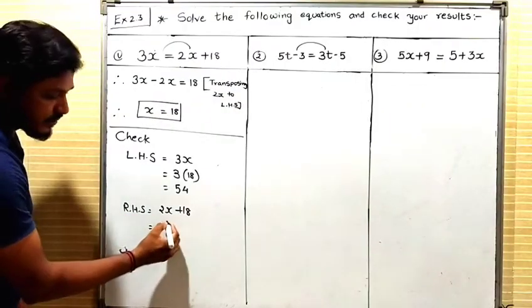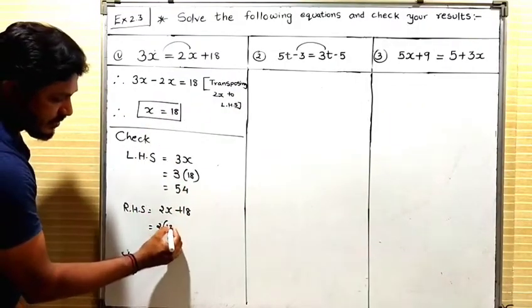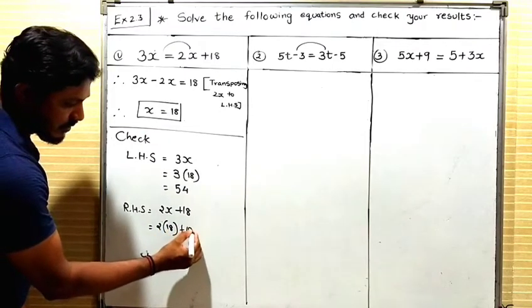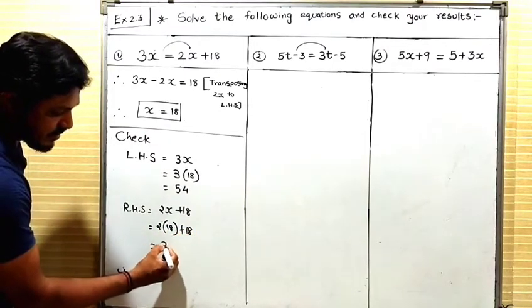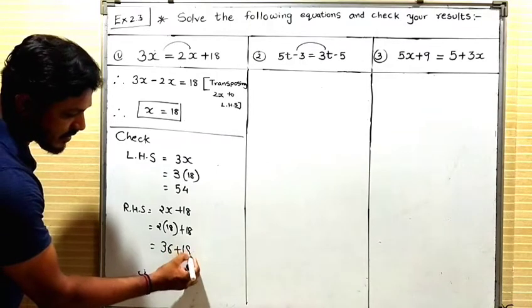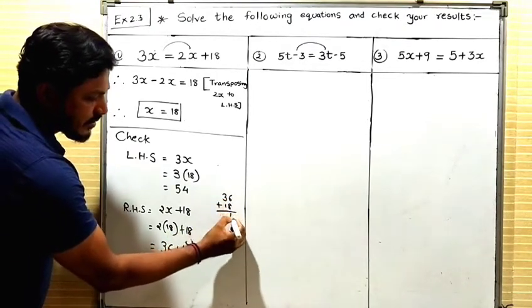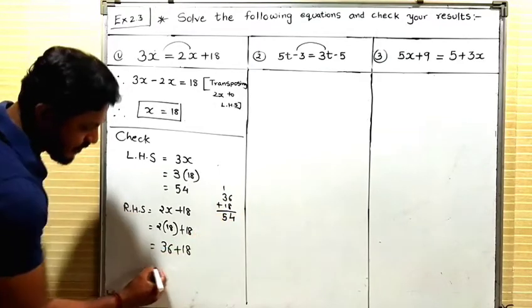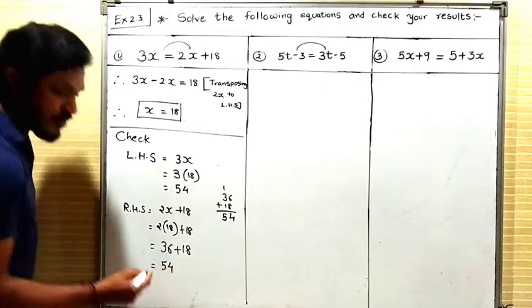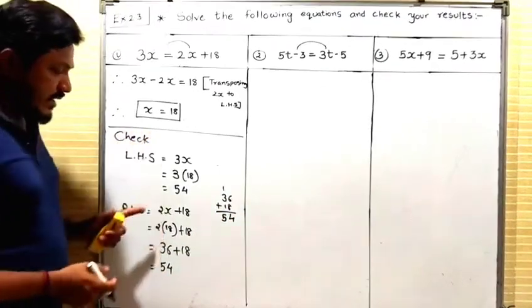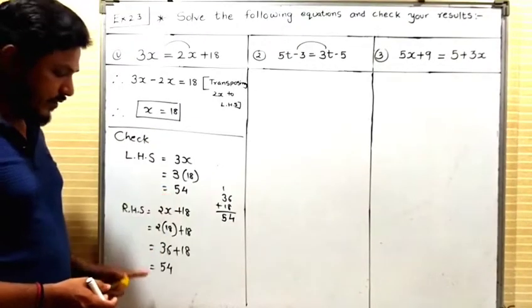Now in place of x what will you write? 18. 18 2s are 36 plus 18. So 36 plus 18 gives 54. So dear student, on both sides we got value 54.